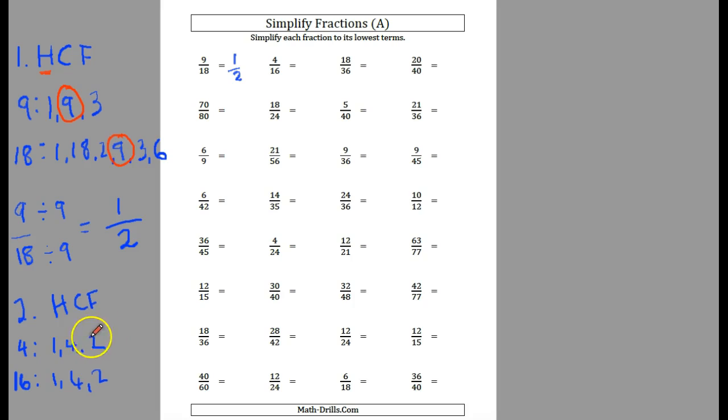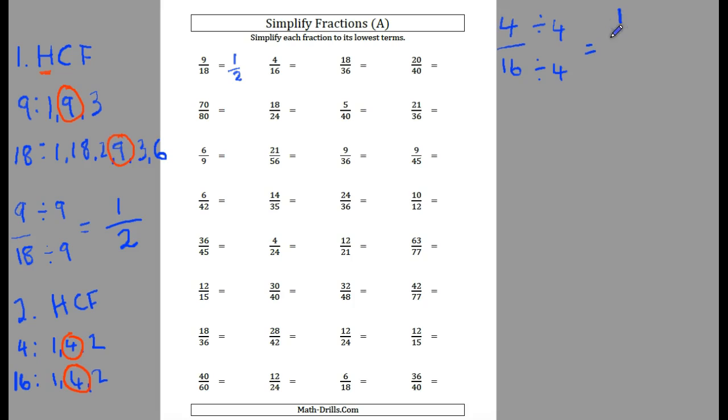So we've got the number 4 as the highest common factor. I'm just going to move over here to the right-hand side and write my fraction. So 4 over 16. My highest common factor was 4. That means I divide the numerator by 4 and divide the denominator by 4.